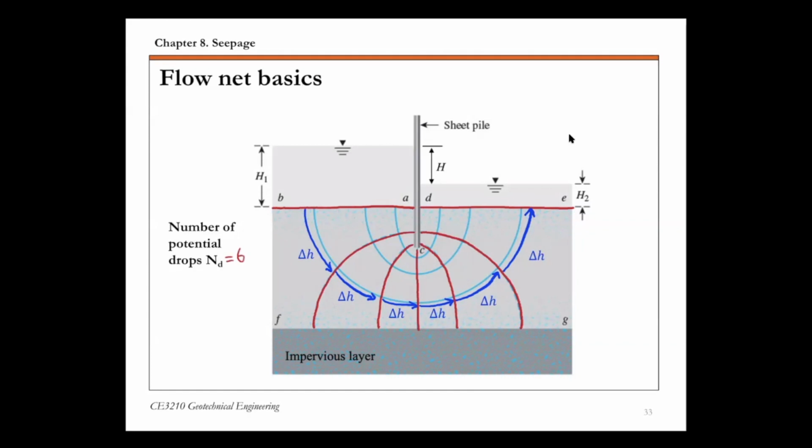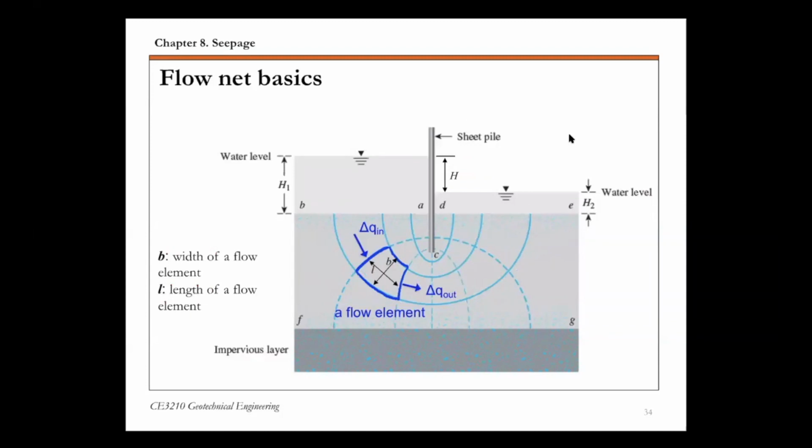And then the small delta H is basically capital H. Remember, capital H is the head loss from upstream to downstream. So that's the total head loss divided by ND. It's the same between any two adjacent equipotential lines. So they're all delta H here. So that's the potential drops, delta H.